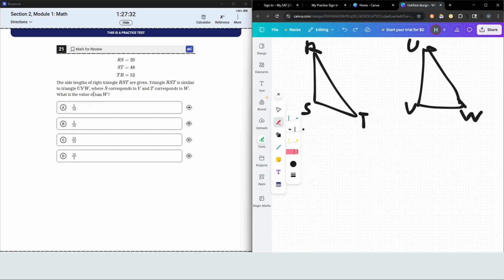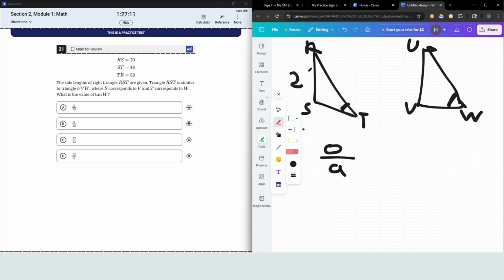It's asking for the tangent of W. So tangent is, remember, SOHCAHTOA, opposite over adjacent. So we look at W, it's right here, and it says that W corresponds to T. Since we have the side lengths of RST, let's just use that triangle for our answer.